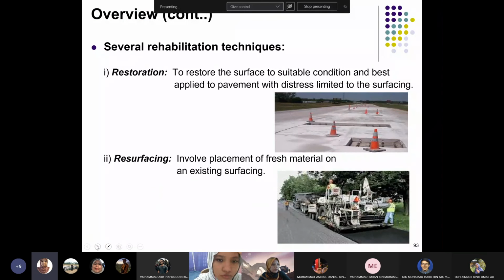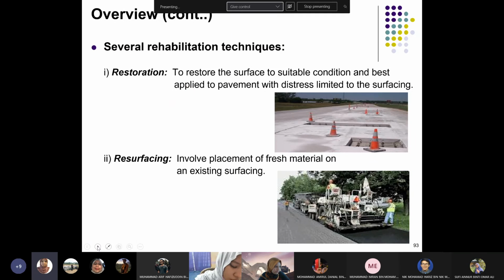Okay, there are a few types of techniques. You restore the surface to suitable condition and best applied to pavement with distress limited to the surfacing. Yang kedua, kita ada resurface, involve placement of fresh material on existing surfacing. Kita resurface balik. Right.